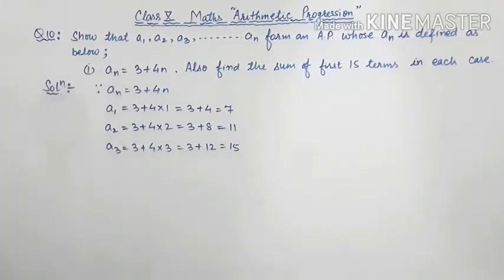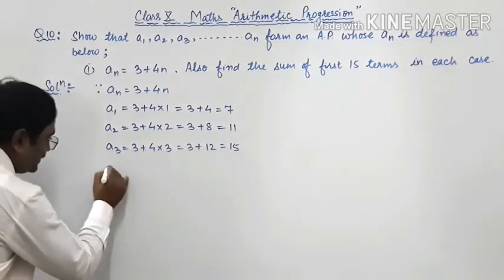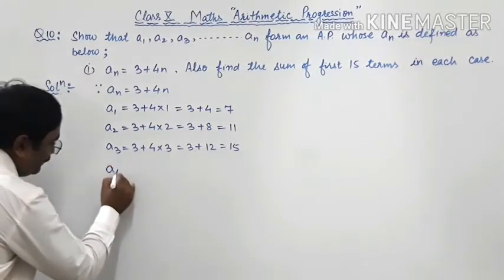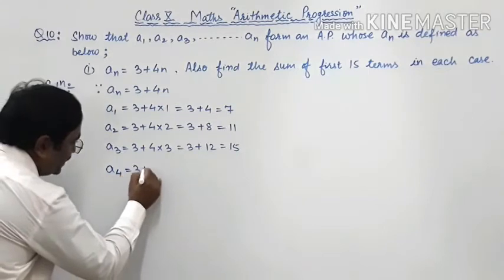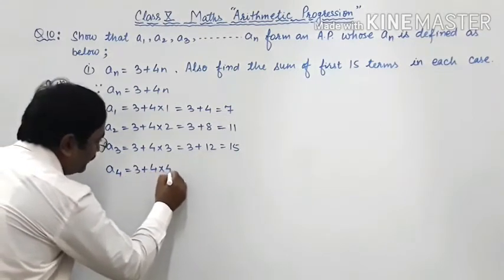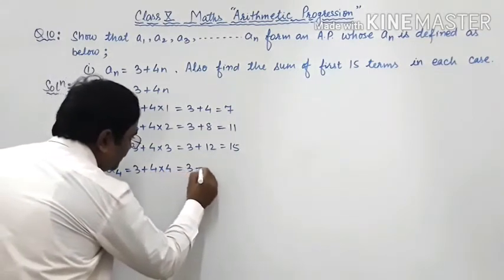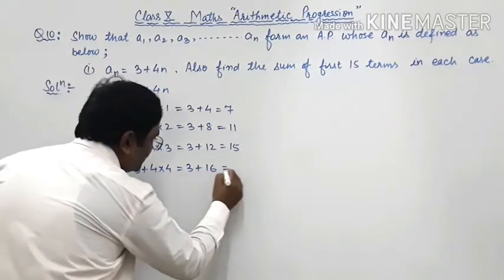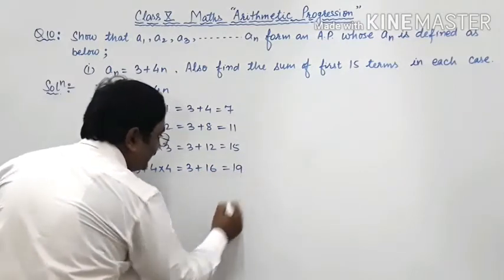You can find one more term, A4, which gives you 3 plus 4 multiplied by 4, that is 3 plus 16, which is 19.